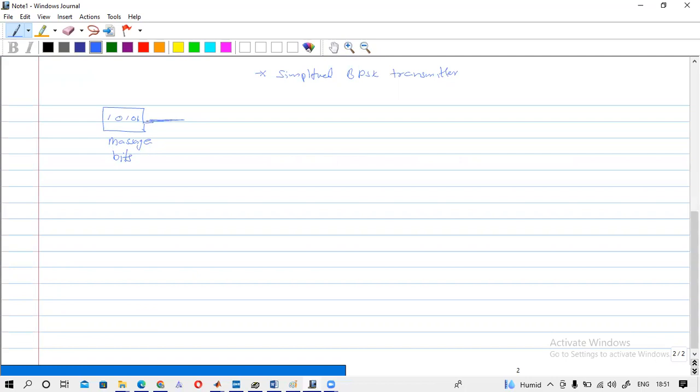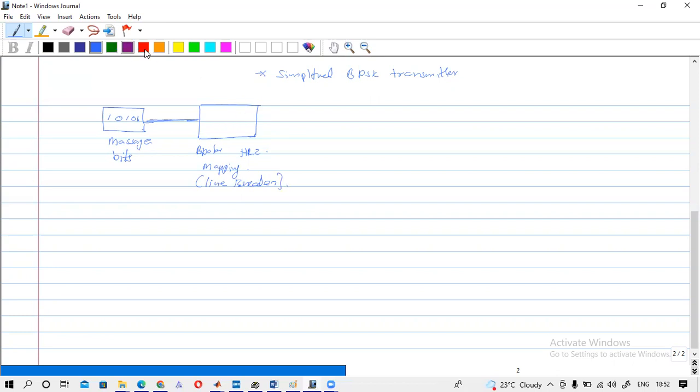We have to line code this message signal. For BPSK, practically we normally do bipolar NRZ mapping. So this is the line encoder.